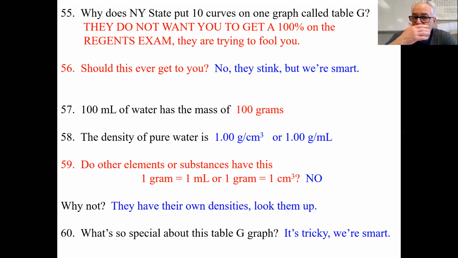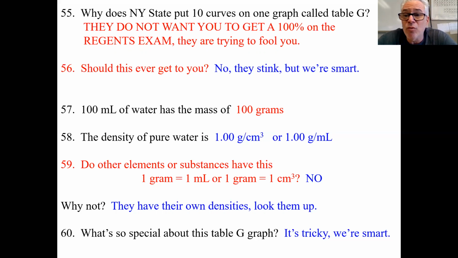100 mLs. Now, the density of pure water, 1.00 grams per centimeter cubed, or the same thing, 1.00 grams per mL. Grams of water is grams of water. Centimeter cubed and mLs is the same value in volume. A centimeter cubed is an mL. Usually we use mLs for liquid, but it doesn't matter, right? And usually we use centimeters cubed for solid, but it doesn't matter.